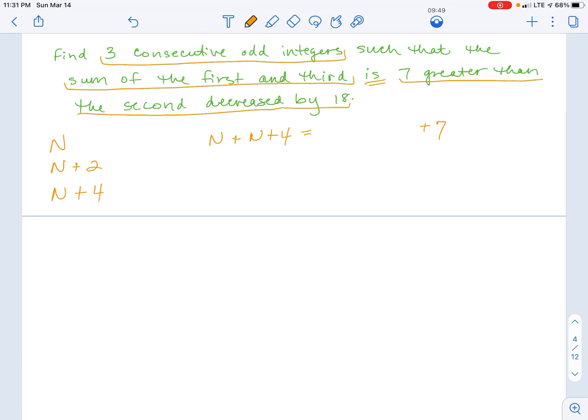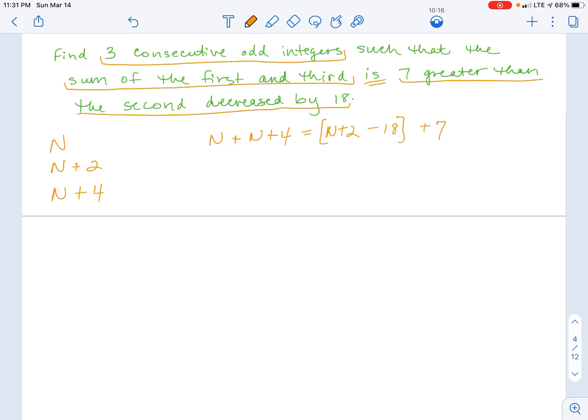So that's going to be written like this. The second number, which is n plus 2, decreased by 18. So think about that. I'm going to put that in a parenthesis here because I want you to see this. 7 greater than what? 7 greater than the second number decreased by 18. So it's 7 greater than all of this. The second number decreased by 18. So be careful. Just follow your words.